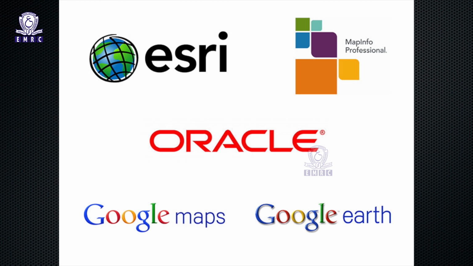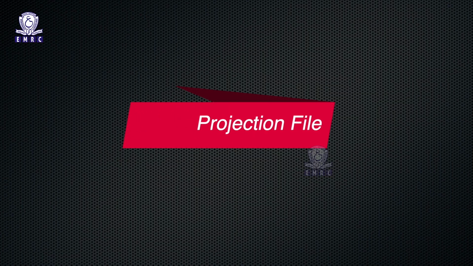Recently, commercial GIS companies have tried to provide assistance in the areas of projection file, predefined coordinate system, and on-the-fly projection. Projection file. A projection file is a text file that stores information on the coordinate system that a data set is based on.